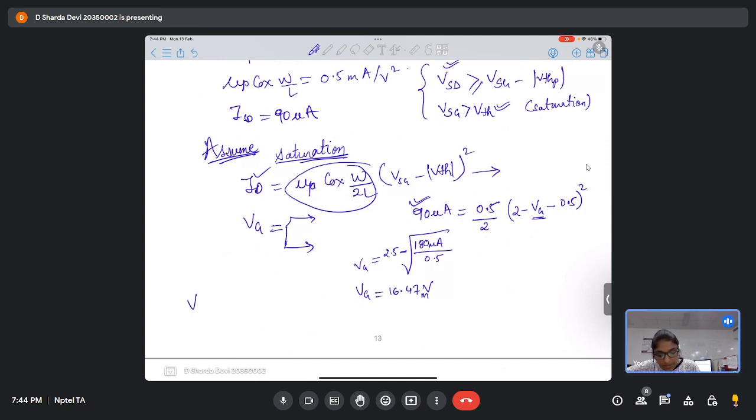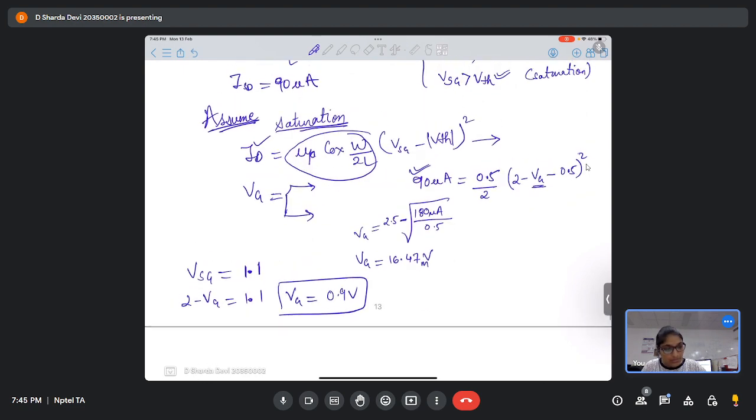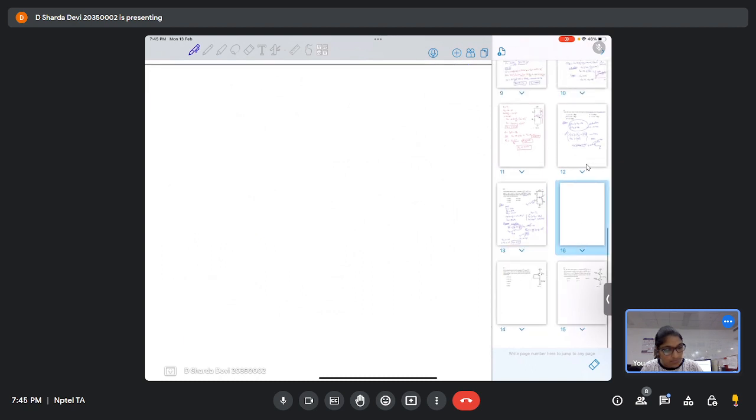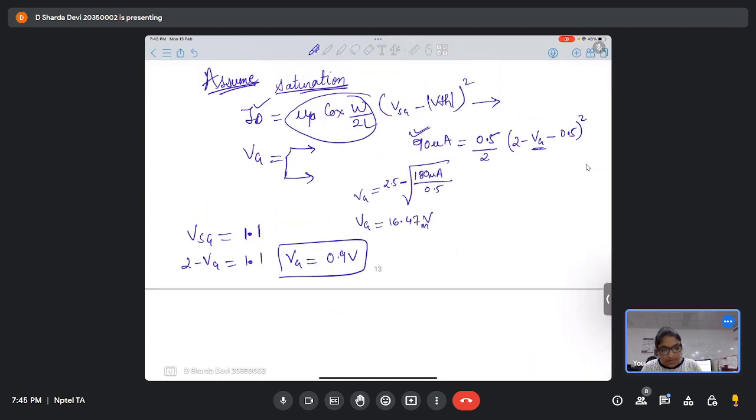So ultimately what you should get is VSG coming out to be 1.1. That means 2 minus Vg should be 1.1, meaning Vg should be 0.9. This is what should come. Are you getting this? Is anyone getting Vg to be 0.9?